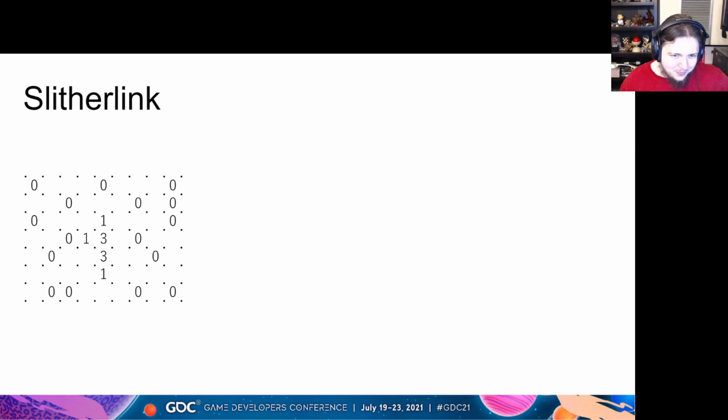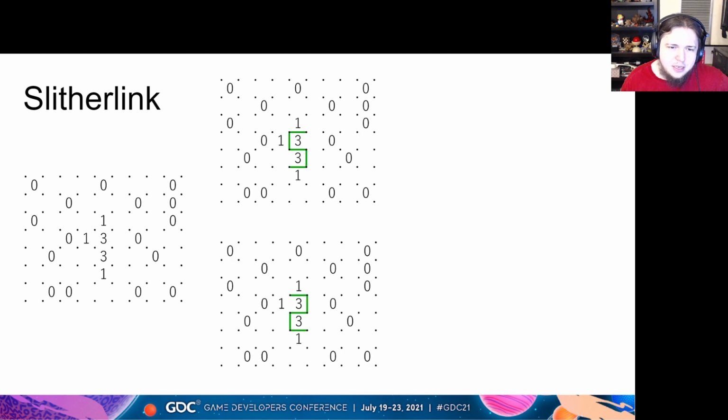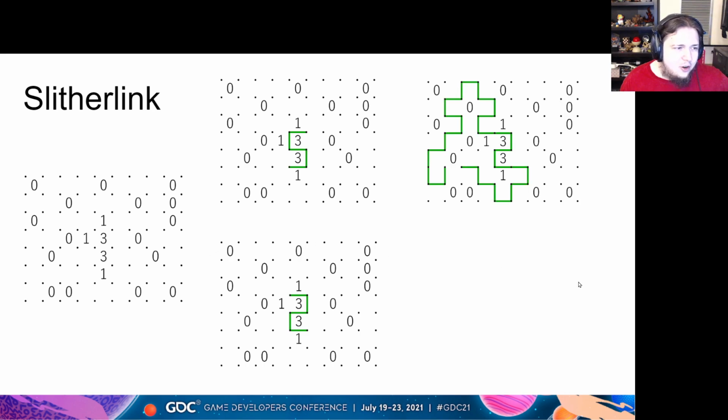Here's a Slitherlink example. This is one of mine, although the trick is not original to me. It's been seen before. Usually when you have two threes next to each other in a Slitherlink, there's only two possible things that could happen with it. Either they go like this or they go like this. Because there's just nothing else that can work with the two threes. The problem is, when you try to solve it in either one of those two ways, you run into a problem. You sort of start navigating around the board and you just hit a dead end you can't get through.